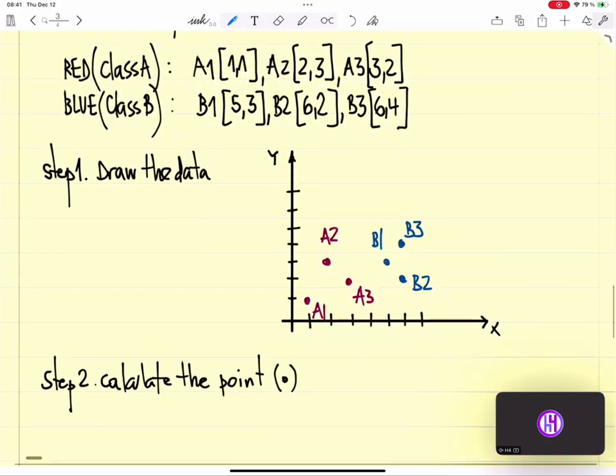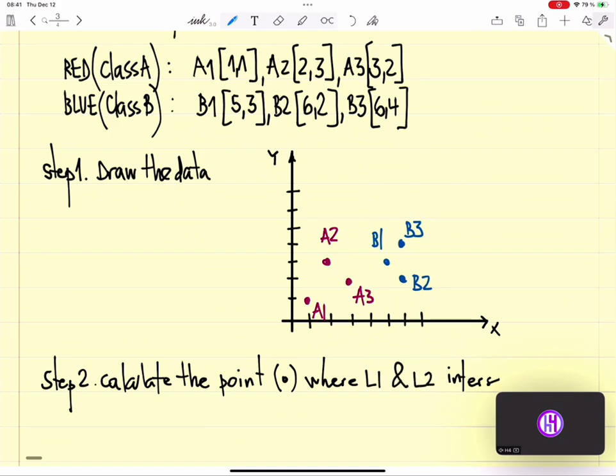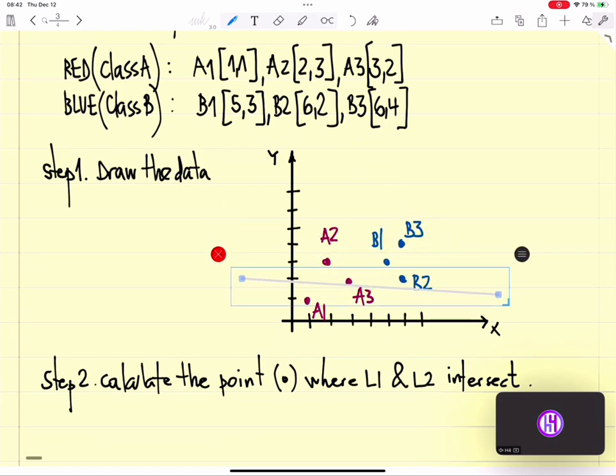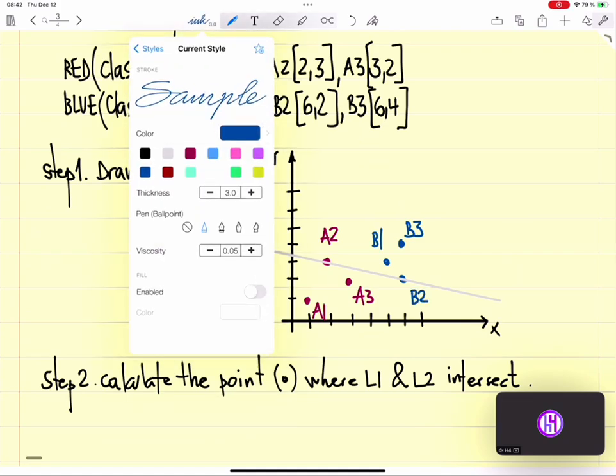We know that our separating line goes through there. So the point where L1 and L2 intersect. So L1 and L2, I'll paint them here roughly. So we take L1 goes through A2 and B2. This is L1.